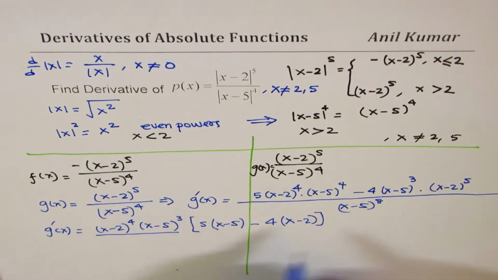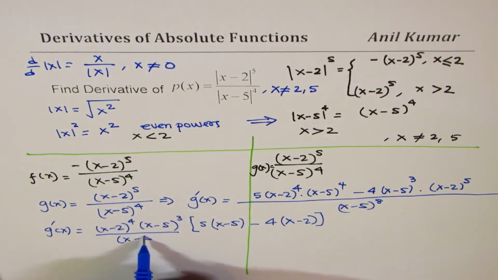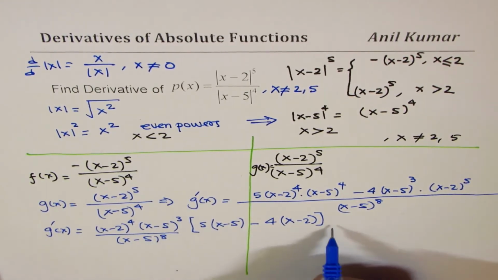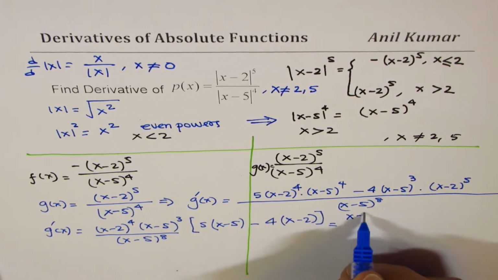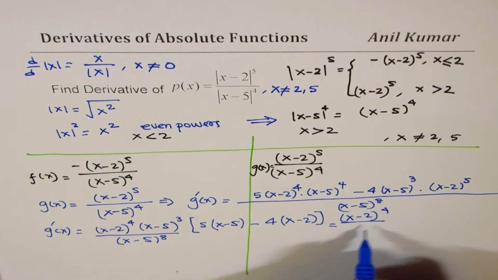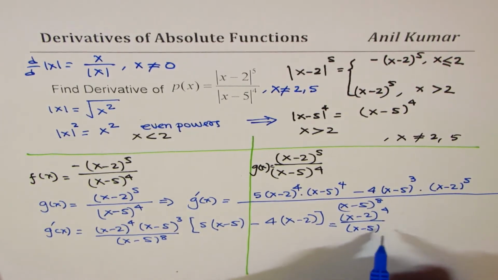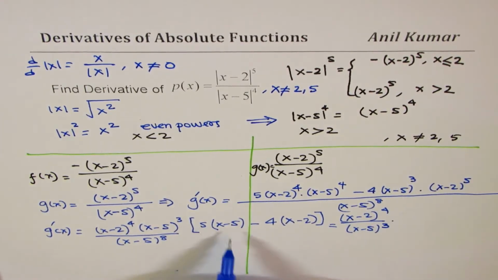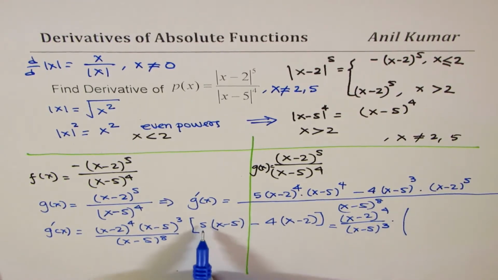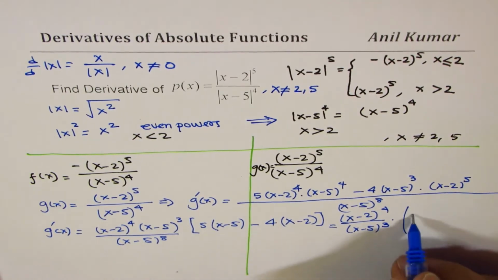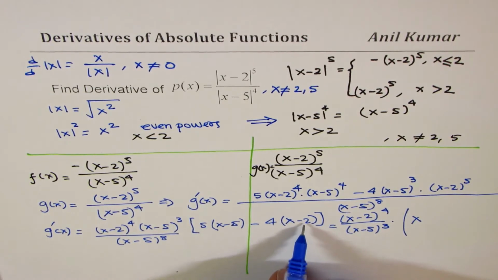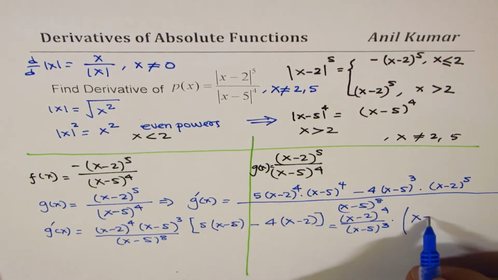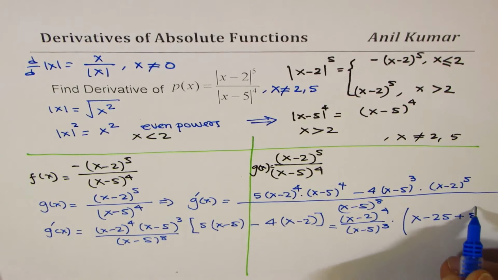And here we have (x minus 5) to the power of 8. Now this can be simplified and we get (x minus 2) to the power of 4 over (x minus 5) to the power of 3 times, you could simplify this, 5x minus 4x is x, minus 25 plus 8, right? So we have x minus 25 plus 8.